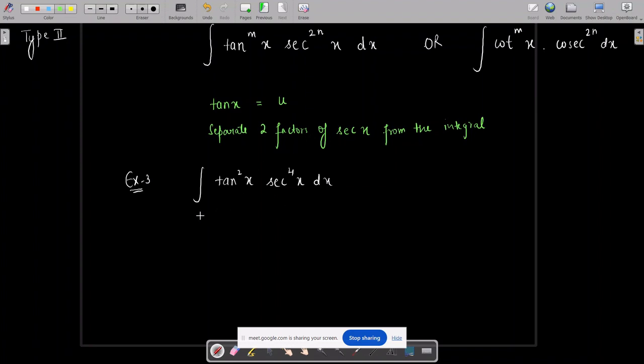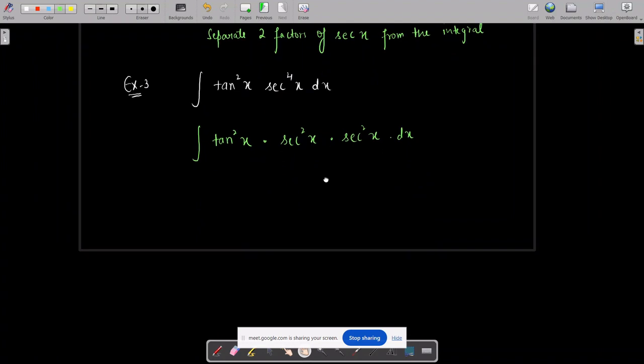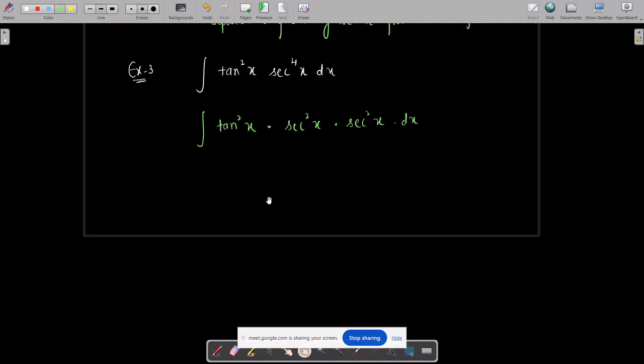Let's put this tangent square as it is. Now this is secant to the power 4. I will write it as secant square x times secant square x dx. You will understand why I am doing this in the next step.